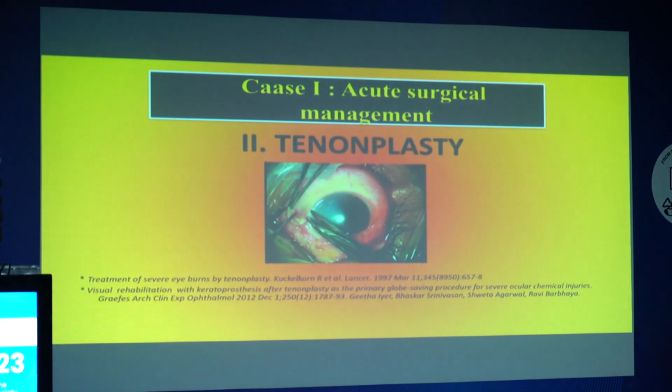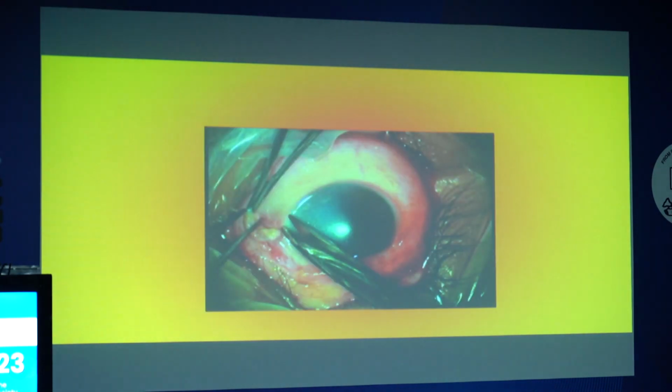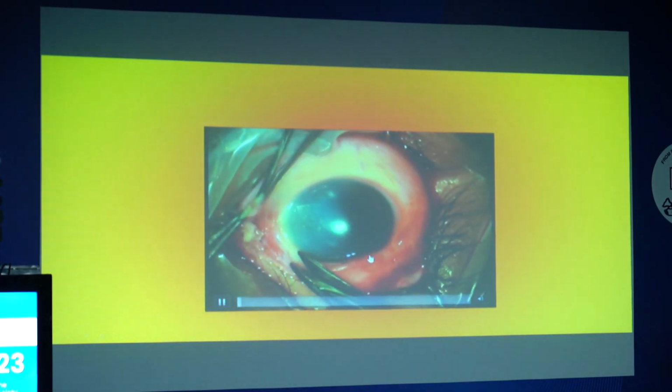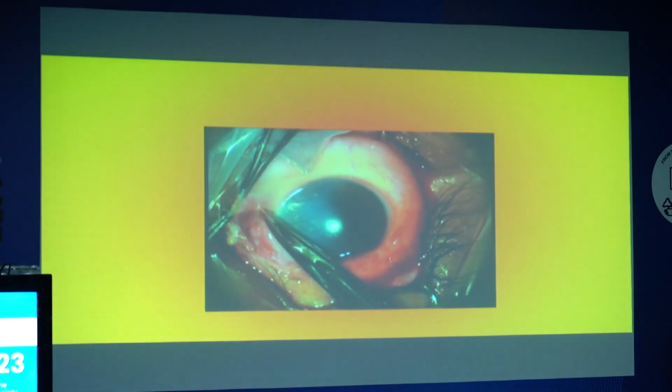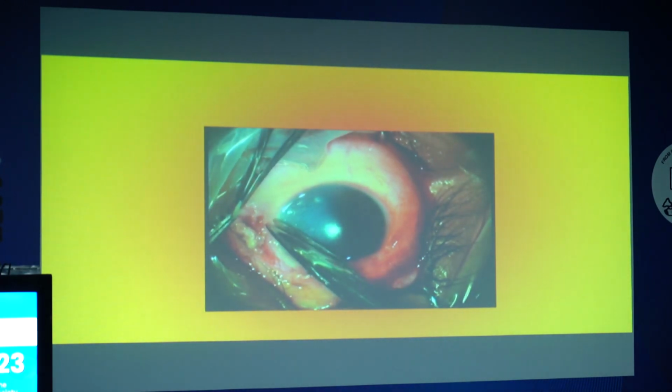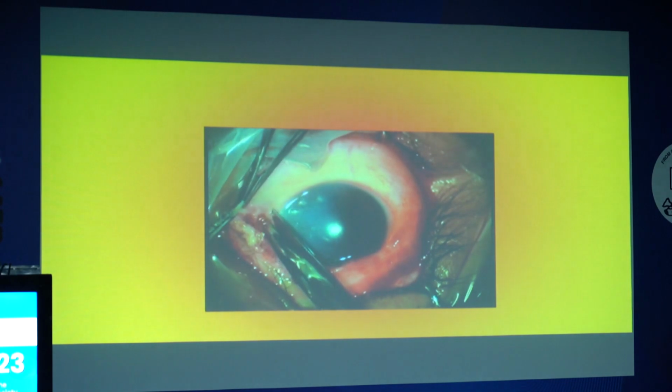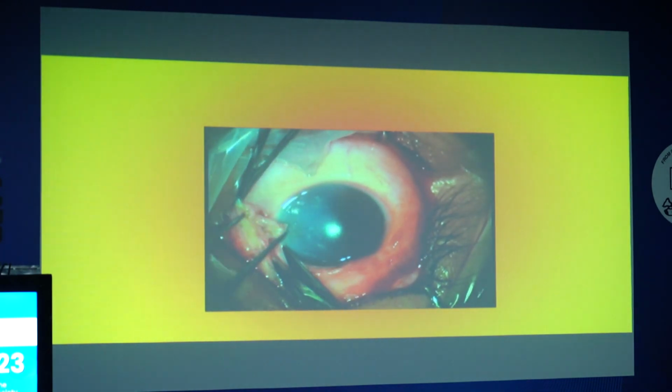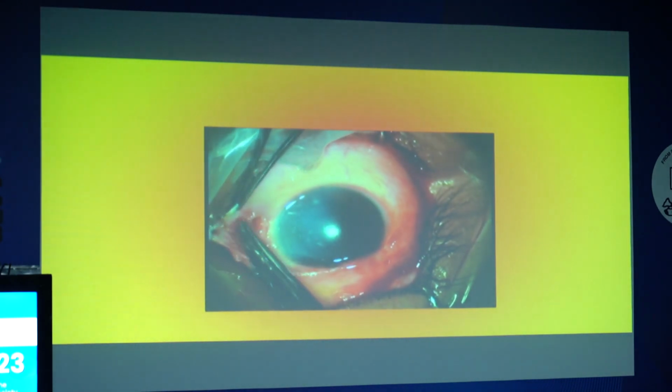I am highlighting the first case, which was a tenonplasty. This patient came to us. When you think of this patient as not amenable to medical management, with blanching of the vessels, until and unless you give vascularization to the limbus, your epithelial defect is not enough.